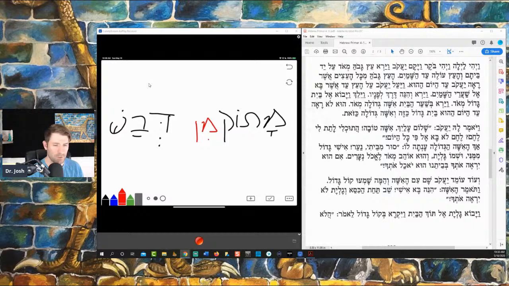And oftentimes, instead of min being separate, you would get mid-dvash. So matok mid-dvash. It would just be attached. So sweeter than honey, sweet away from honey. I thought we got some uses of that in this text, maybe not.